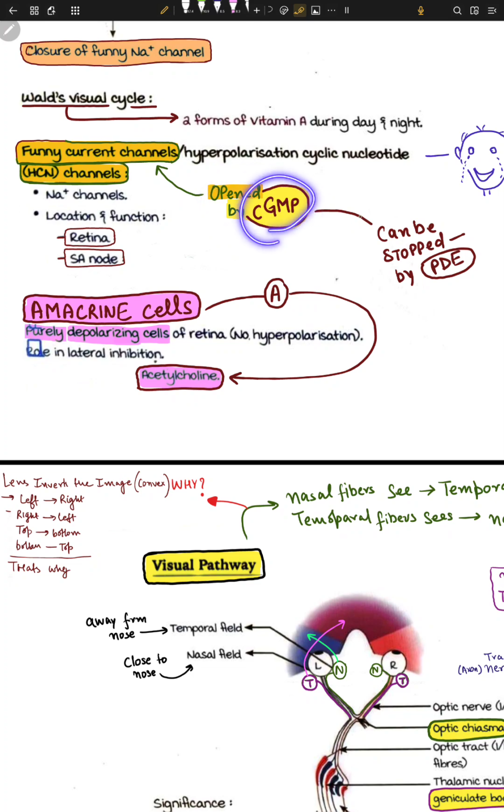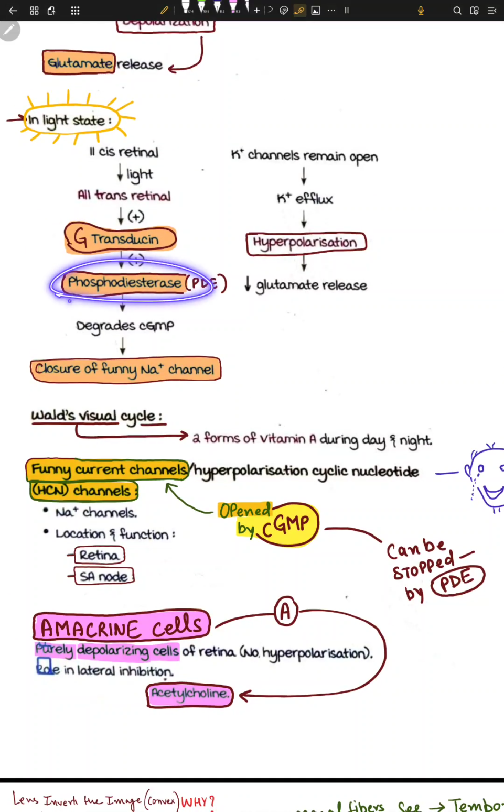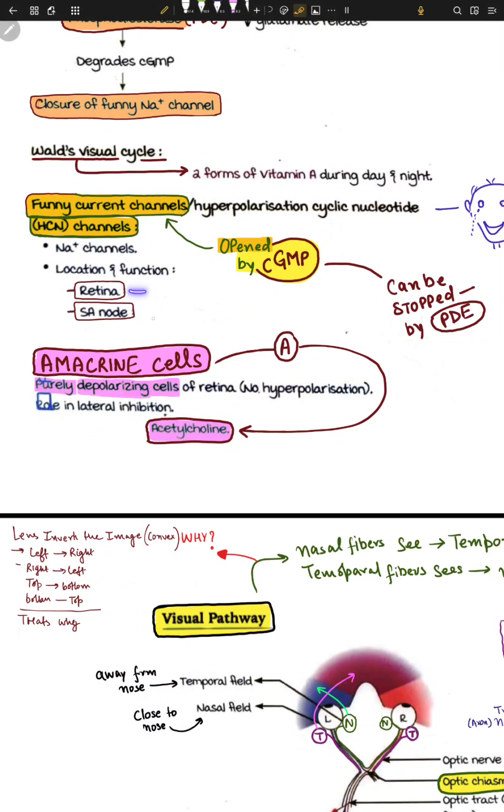Cyclic GMP is the second messenger, and it can be stopped using phosphodiesterase, this PDE. These are found in the retina and SA node, the pacemaker of the heart. If you have problems in funny channels, you will have problems with the pacemaker of the heart, that is the SA node.